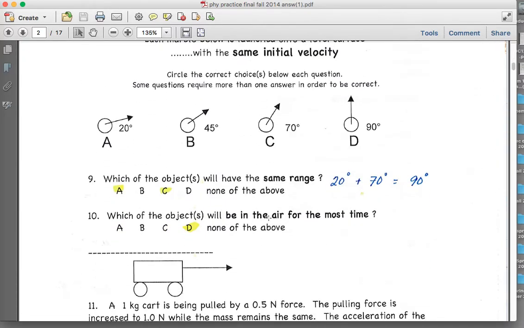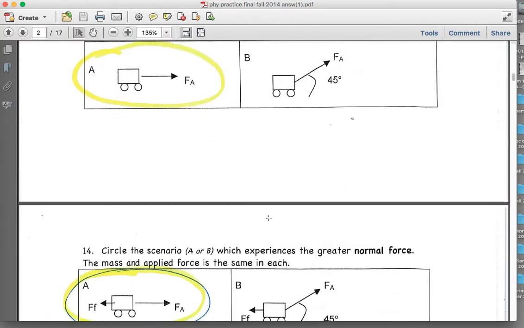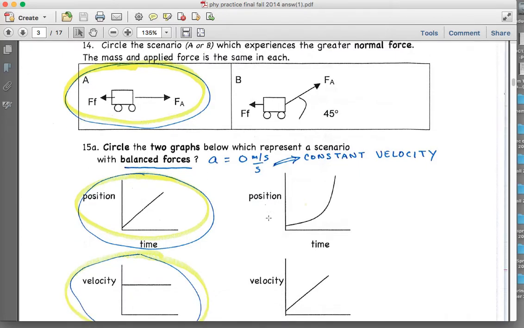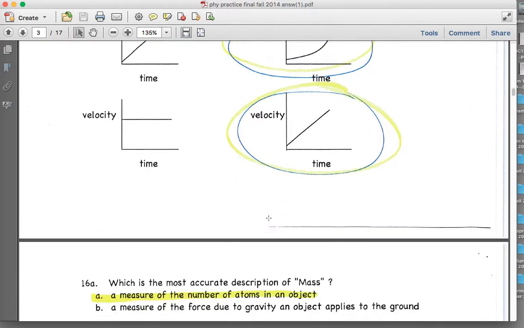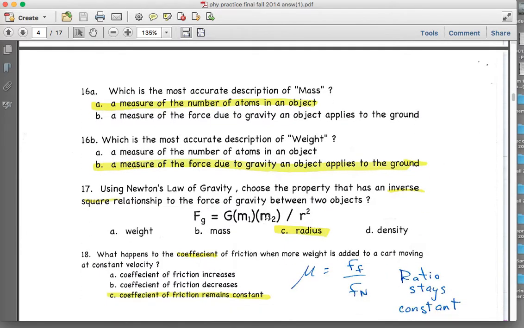If you have questions about the multiple choice, I will let you approach me on those. Really, both practice finals had a similar set of multiple choice, and I think if you understand these multiple choice questions, you'll be in good shape for the final exam multiple choice.